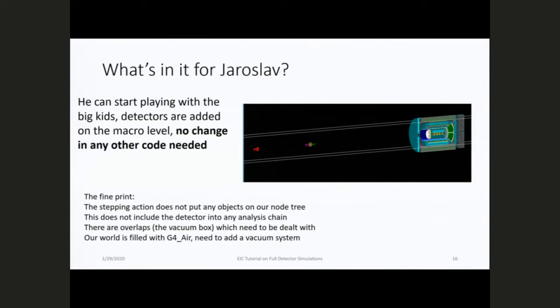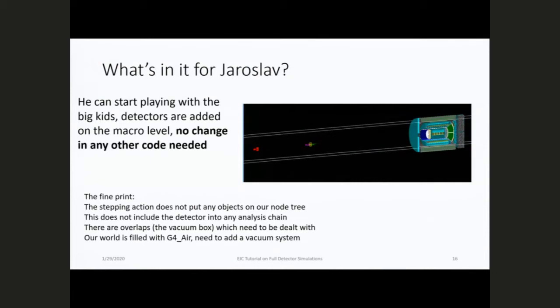There are overlaps which need to be dealt with before you can kick off a reasonable simulation. In this case you would cut off the vacuum box over here and connect it to the beam pipe to keep the vacuum over here. And as I point out, our world in our detector is filled with air.